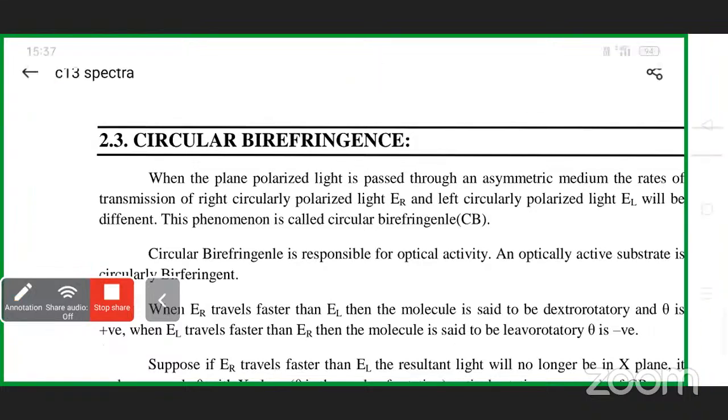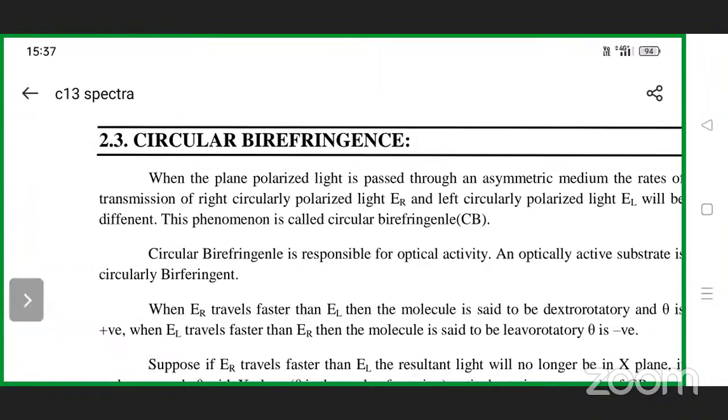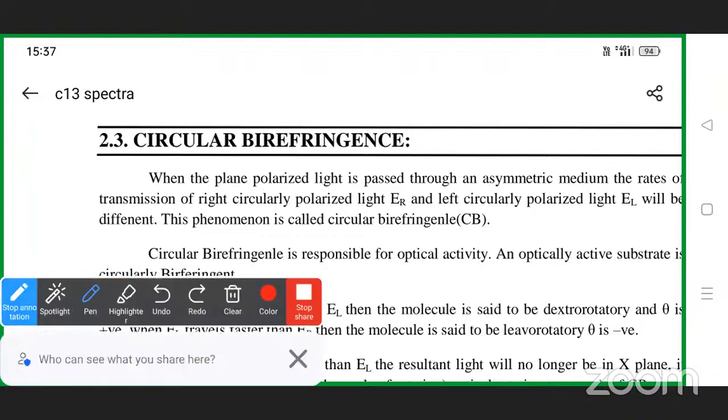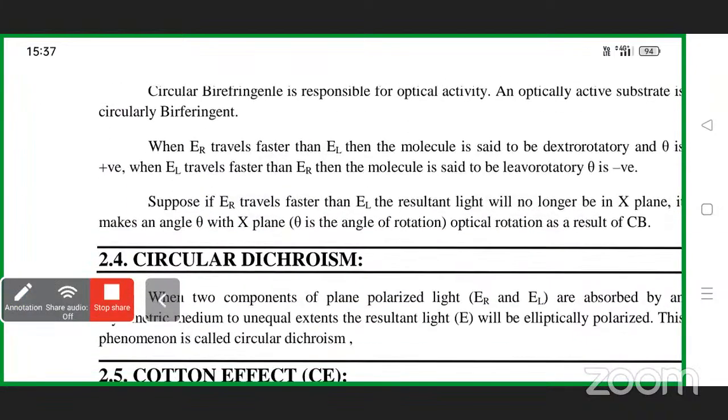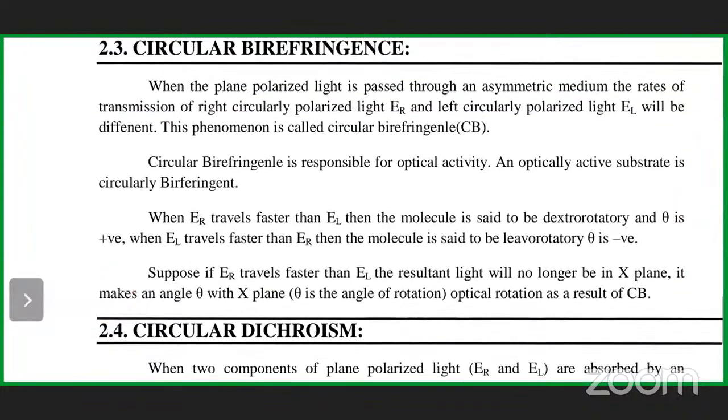Now the circular birefringence. Circular birefringence is nothing but the rotation of the plane polarized light towards the left side or the right side. That means the ability to rotate the plane polarized light either to the left side or the right side.